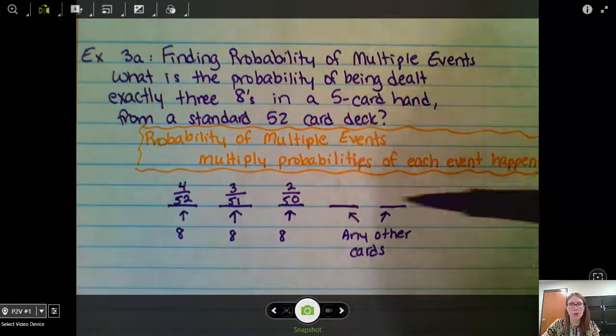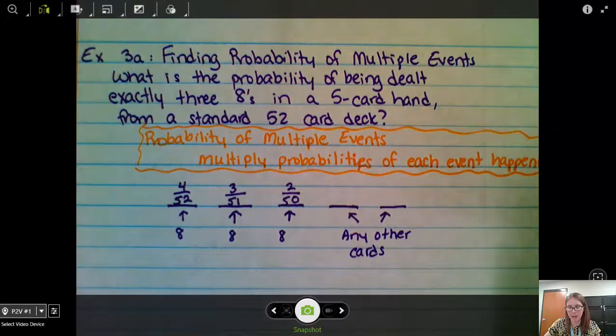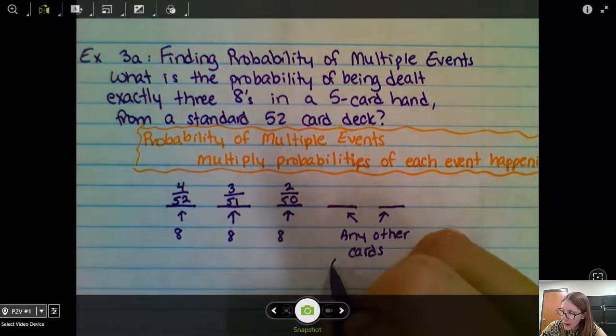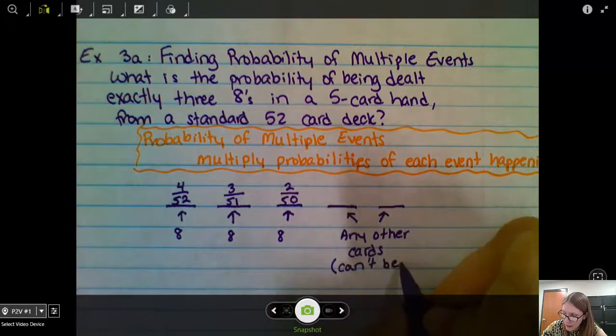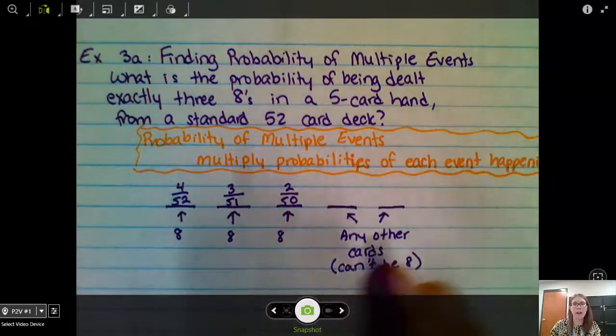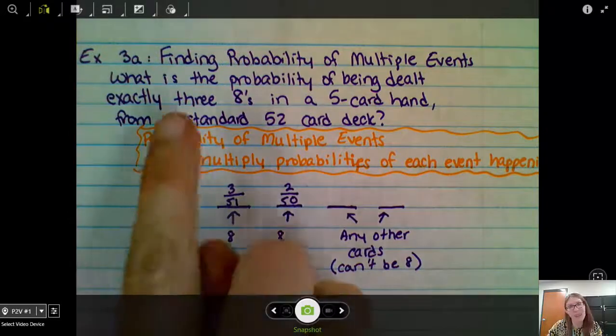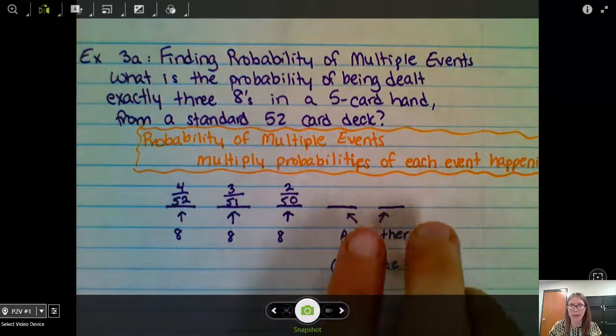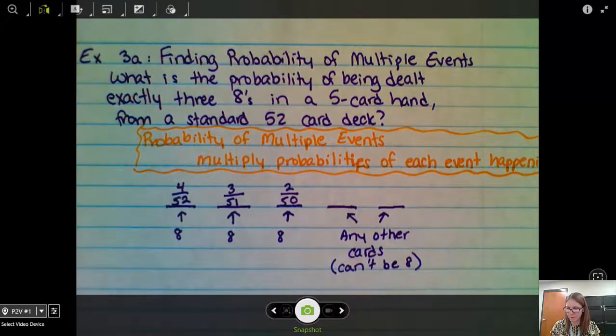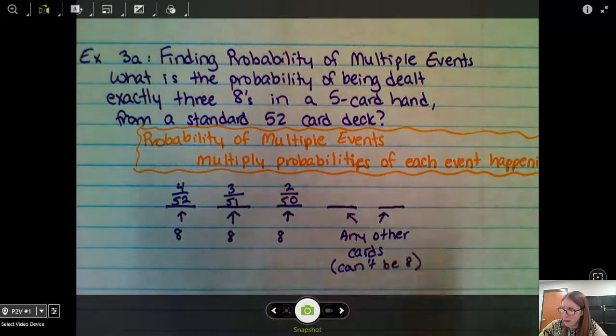My other 2 cards, their probabilities, I'm going to add the note under here that my other cards cannot be an 8 because we're looking at the probability of being dealt exactly 3 8s, which means whatever these other 2 cards are, they can't be an 8. All right, so I have 49 cards left.